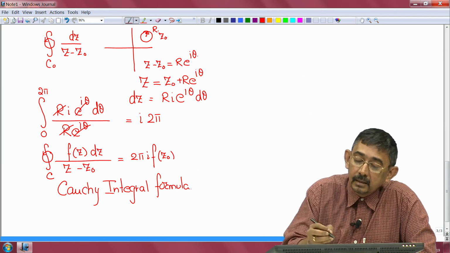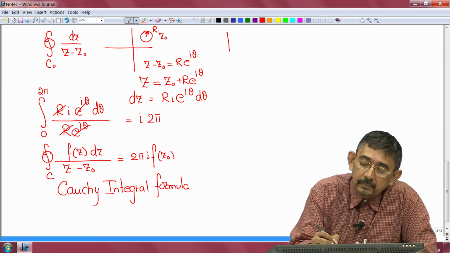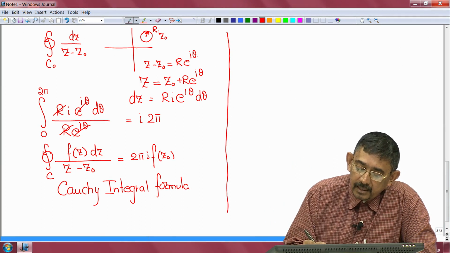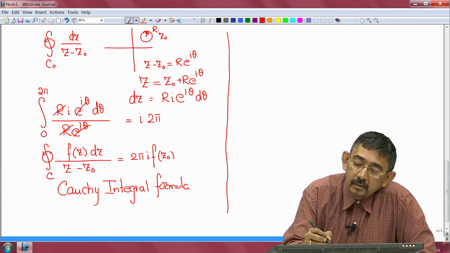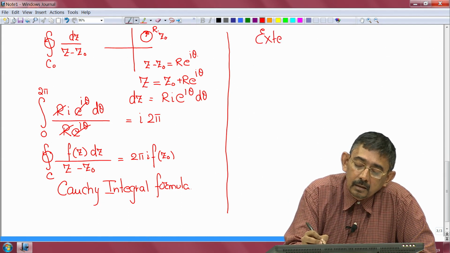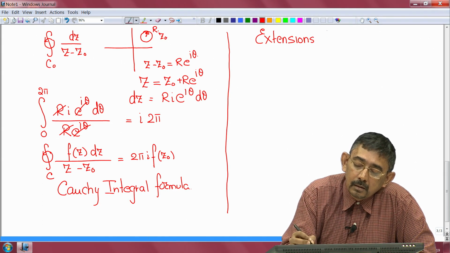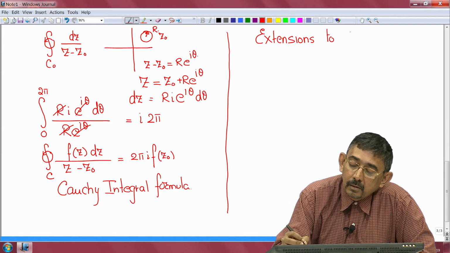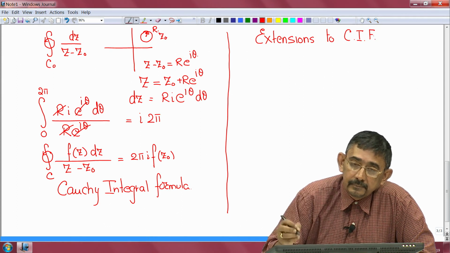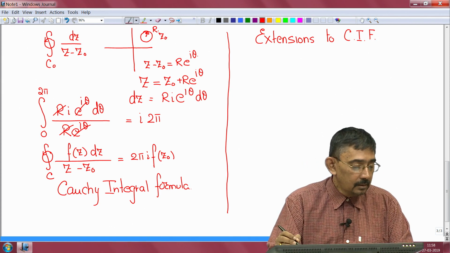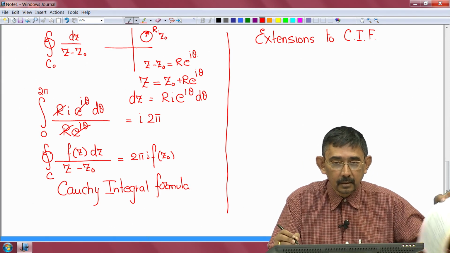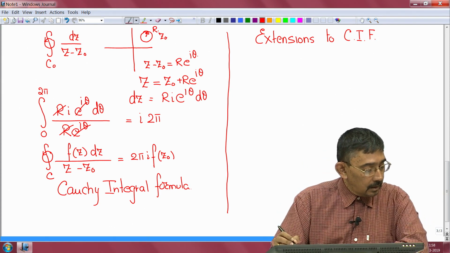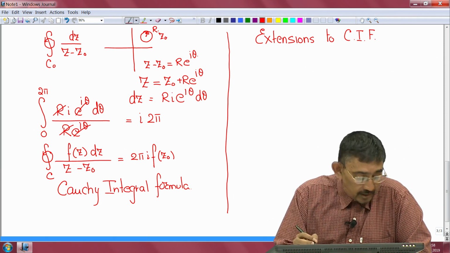Okay. Now, the Cauchy integral formula has consequences, okay. Extensions to the Cauchy integral formula. Now, what is the extension?